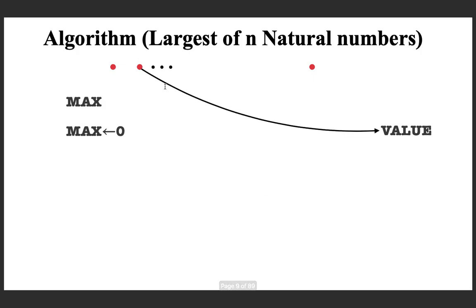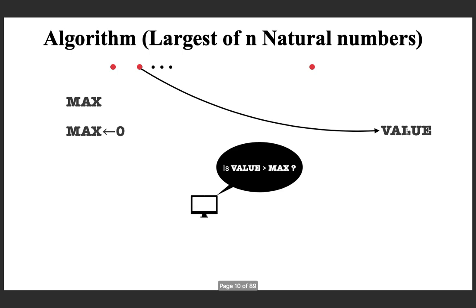So you read the next number into value. Again, you check whether the value is greater than maximum. Now, suppose the present maximum is 10 and you are reading 35. Then 35 is greater than 10, so you assign the new value to maximum, only when this condition is evaluated as true.